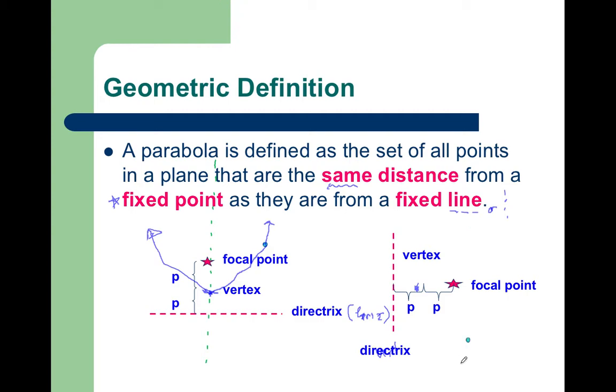So any point on this parabola is the same distance from the focal point as it is from the directrix. The vertex is just the one with the shortest possible distance.